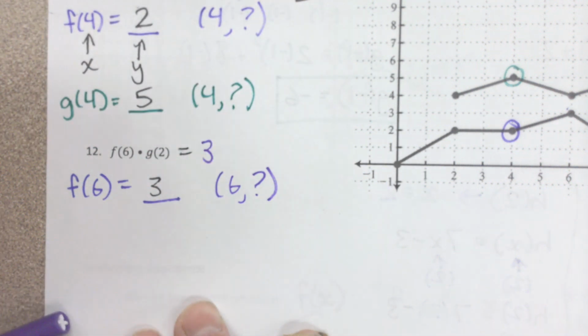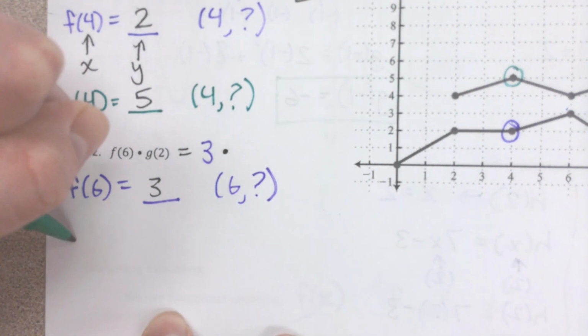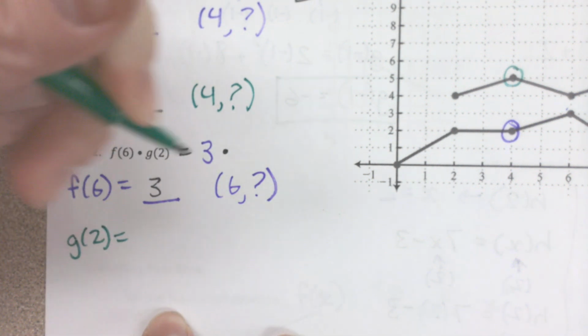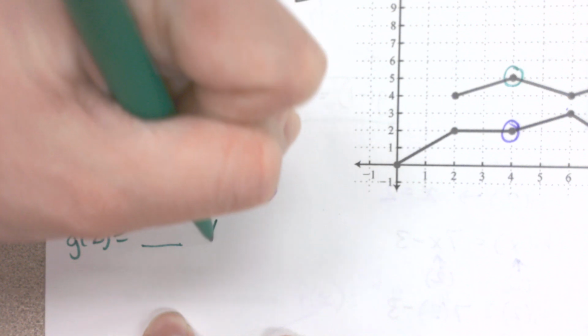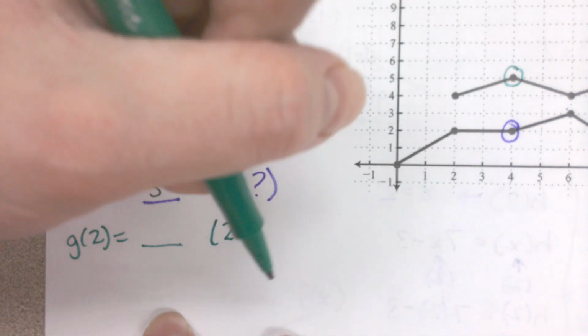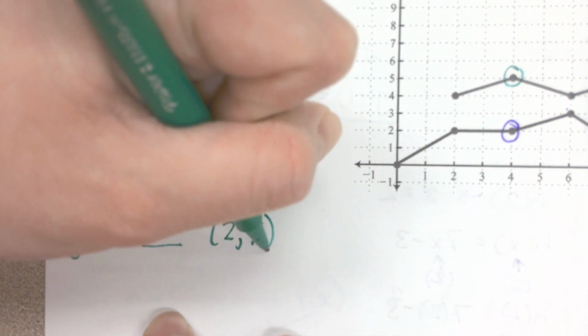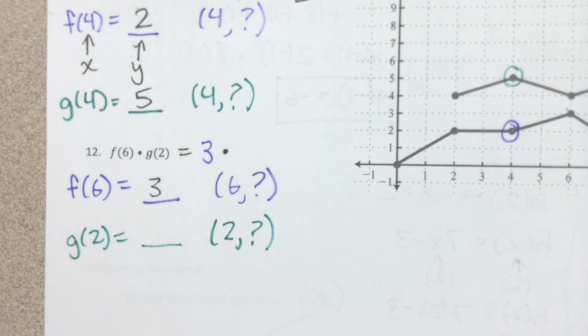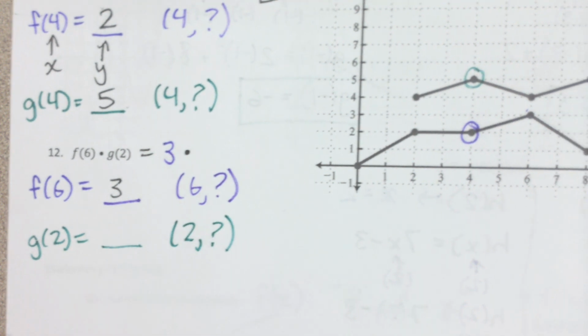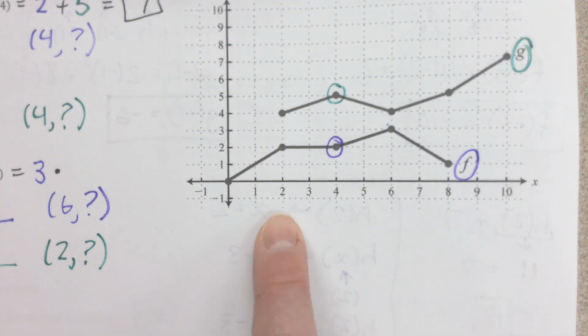So we have 3 times, and then we're going to find g of 2. So this time we know that x is 2, and we don't know what y is. What did you say? Did you say 7? Let's take a look.